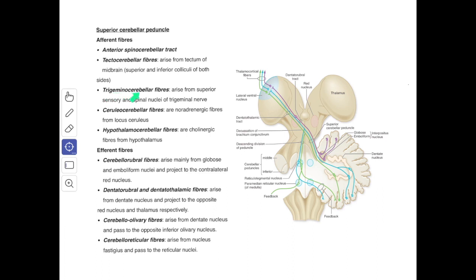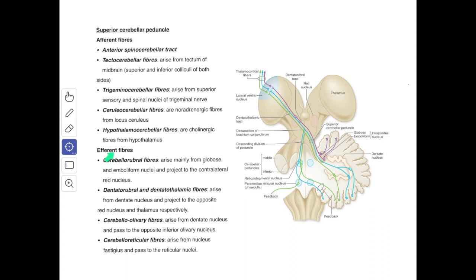Then the trigeminocerebellar fibers, they arise from the superior sensory and the spinal nuclei of the trigeminal nerve. Then the cerebellocerebellar fibers which are noradrenergic fibers from the locus coeruleus. Then hypothalamocerebellar fibers which are cholinergic fibers from the hypothalamus.